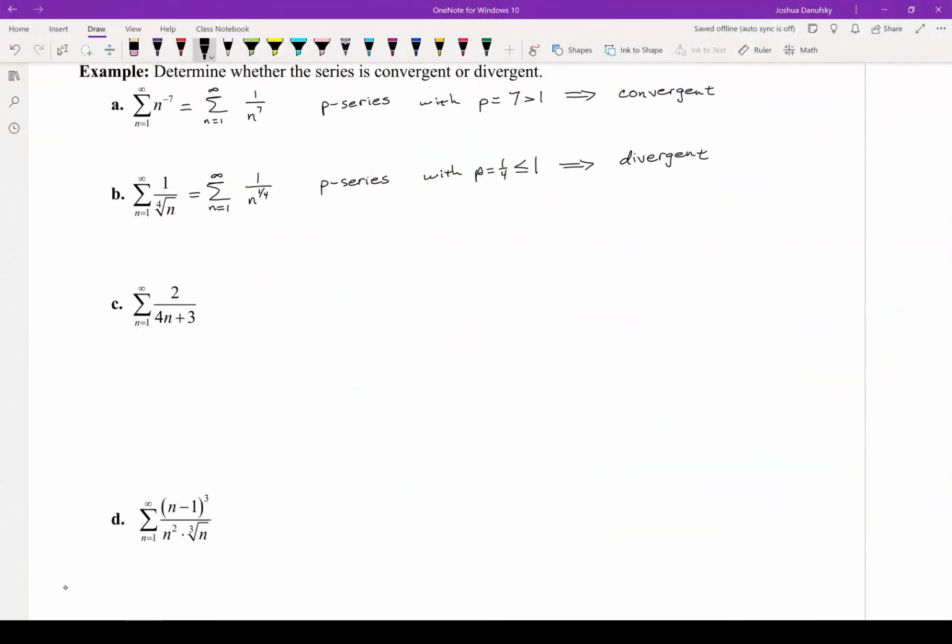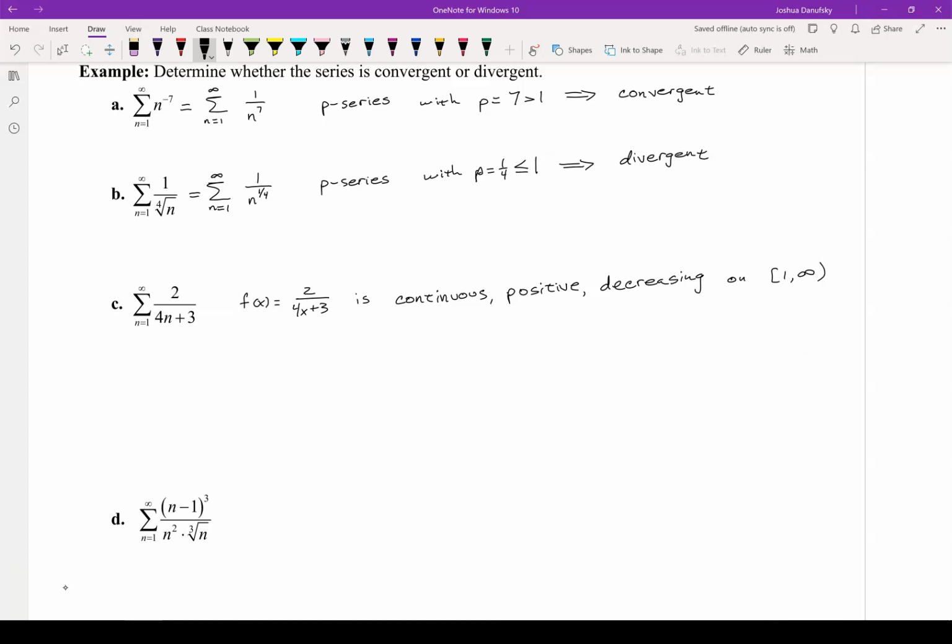So in this case, we'll consider the function f of x is equal to 2 over 4x plus 3. First of all, notice that it is continuous, positive, and decreasing on 1 to infinity.